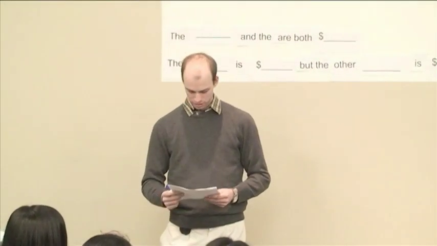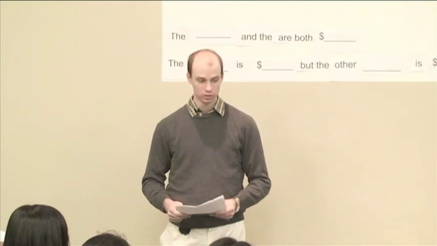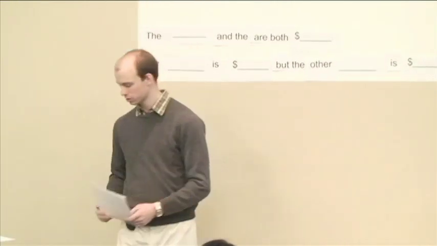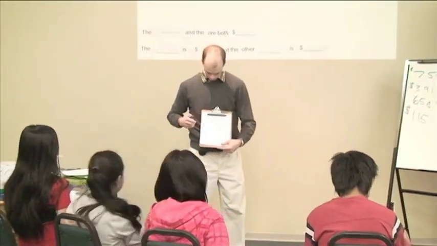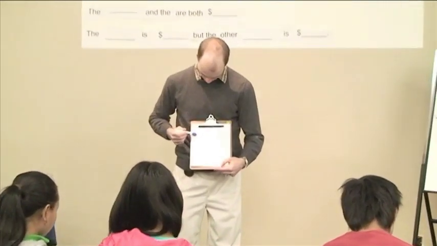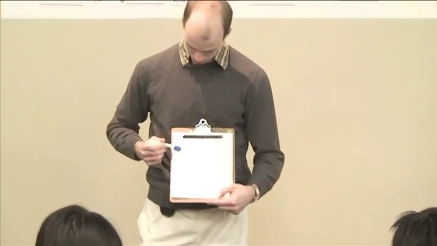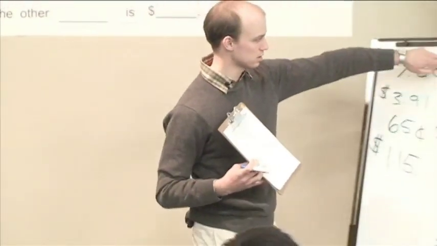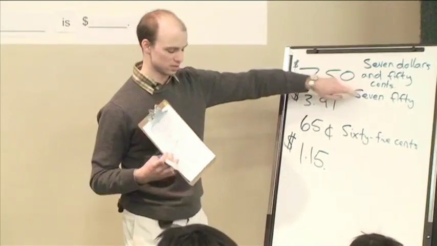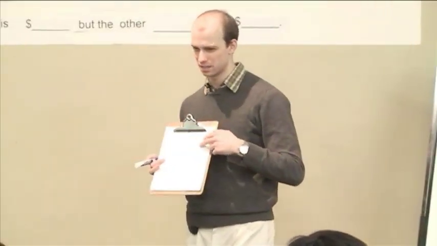If you can look under your chairs, there's a small worksheet there on a clipboard. Looks kind of like this. And here you have a whole bunch of numbers, and in the next column you have a whole bunch of long forms like this, $7 and 50 cents, and then some blank lines.